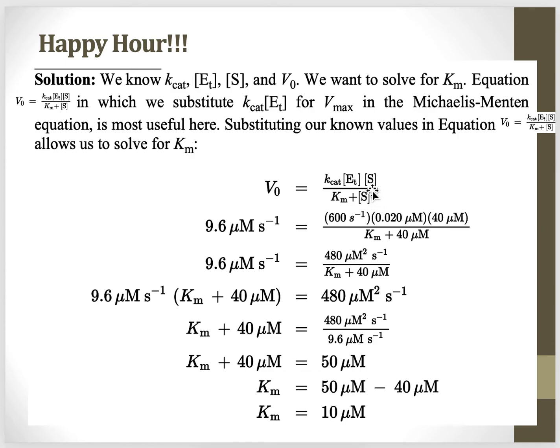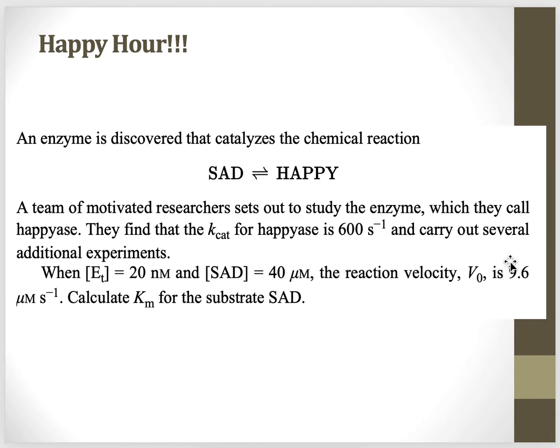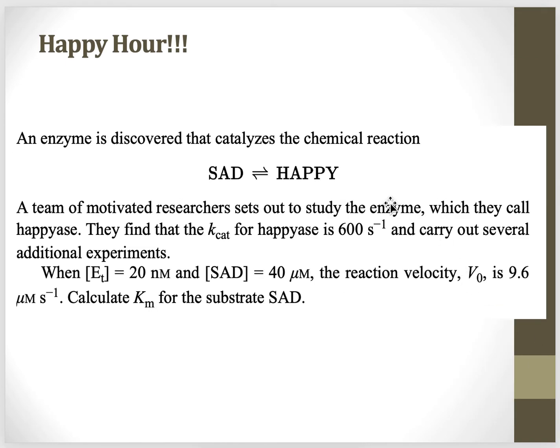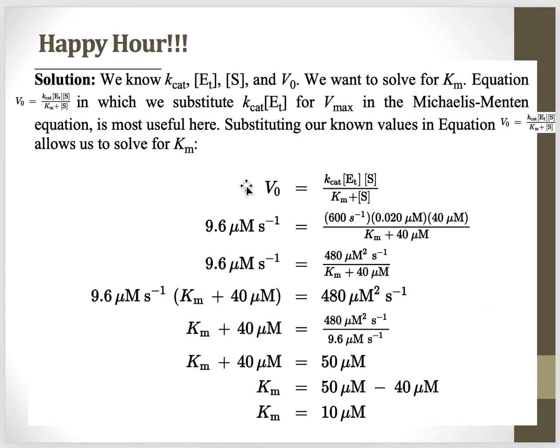Are all the parameters given? V0 is there, the concentration of SAD is there, the concentration of Et is there, and the value of kcat is there. Everything is there. If we put the values of all these variables here, the unknown will be Km, and if we calculate, finally we'll get the value of the Km.